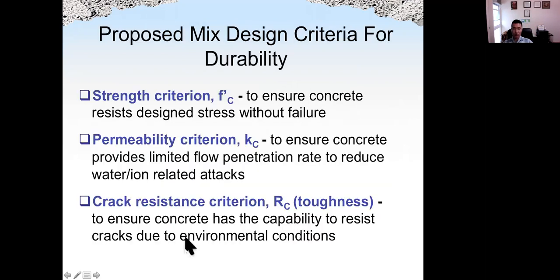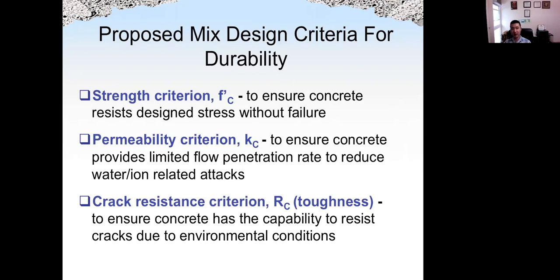So what should we do? We should not only worry about strength. The strength is important because that will ensure concrete will resist design stress without failure. And also a stronger concrete can make cracks less likely.